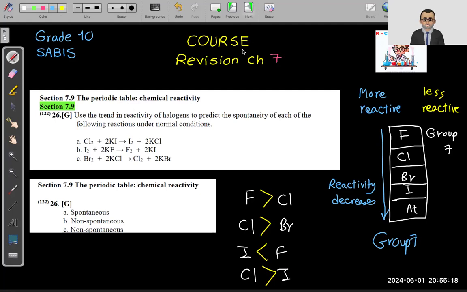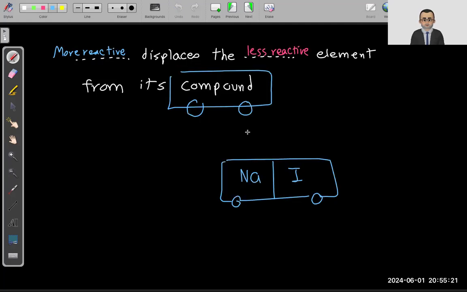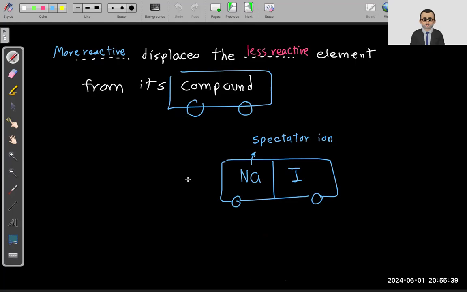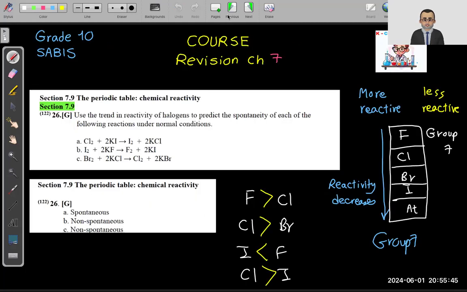So the sodium does not interfere with the fight. It's just watching, like in a match, just spectating. It's called a spectator ion. What does it mean, spectator ion? It doesn't care whether iodide or chlorine comes here. So the fight is between who? The group 7 elements. Now let's try to see who is trying to come. The one that's trying to come is, for example, you said chlorine and iodine.